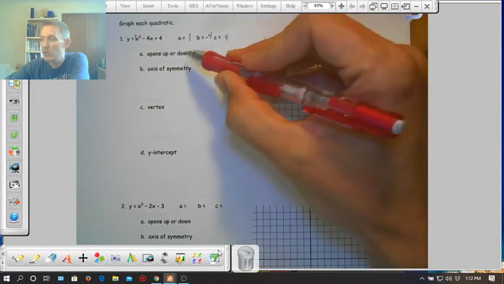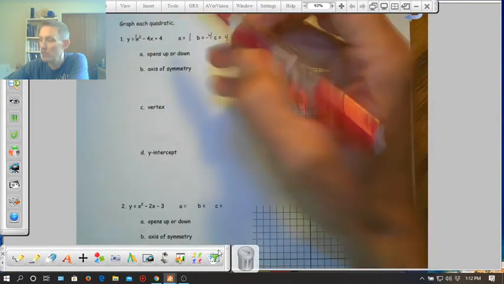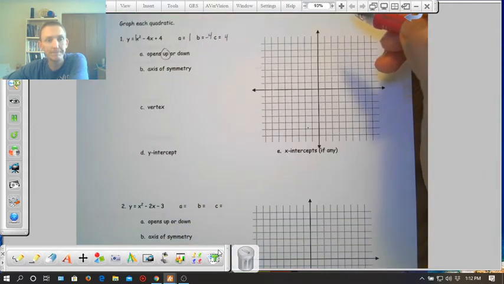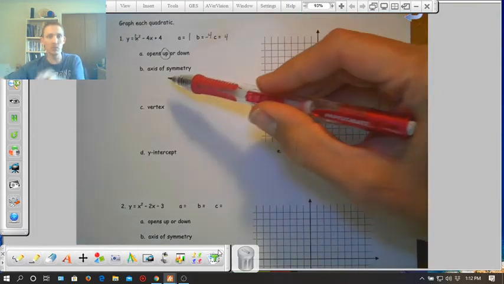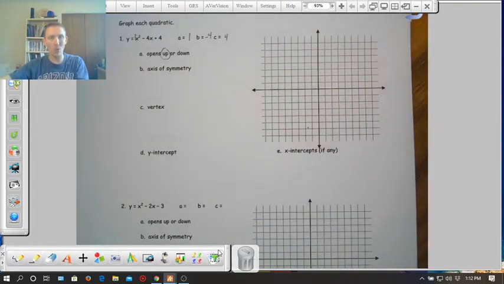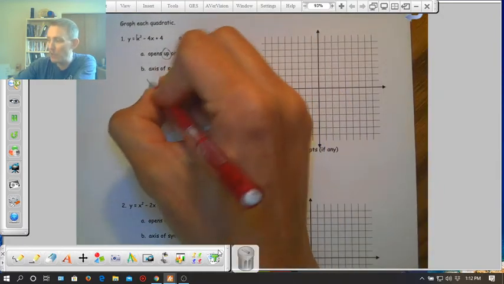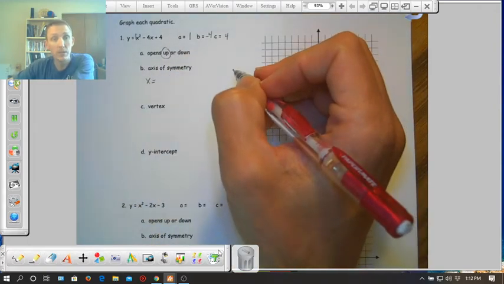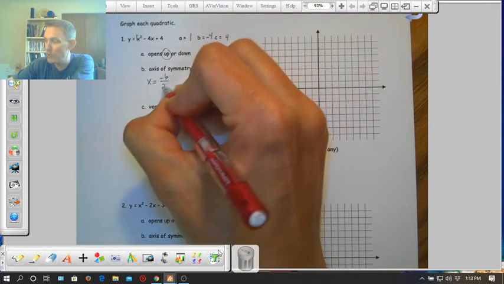Then it's going to ask you, does it open up or down? Well, if I go to a, which is in front of the x squared, that's a positive 1. So because it's positive, it opens up. Part B, the axis of symmetry. Remember, the axis of symmetry is that vertical line that's going to go right down through the middle of the vertex. Well, because it's a vertical line, it's going to be x equals, and if we recall how we find the x value of the vertex, it's opposite of b over 2a.